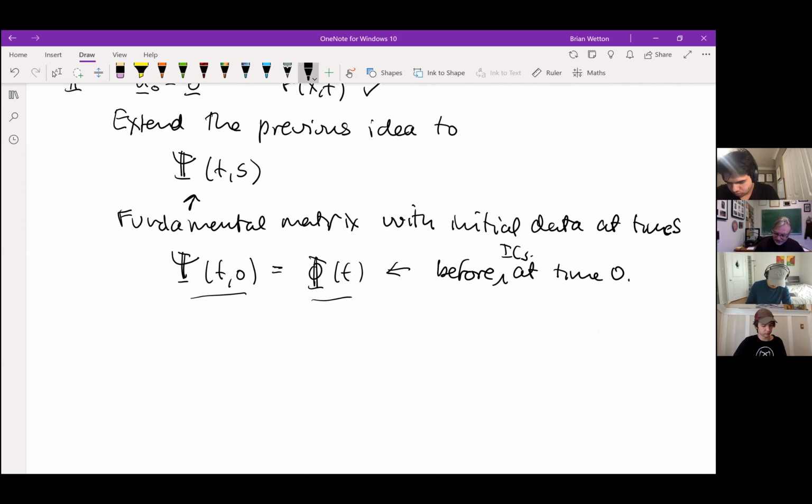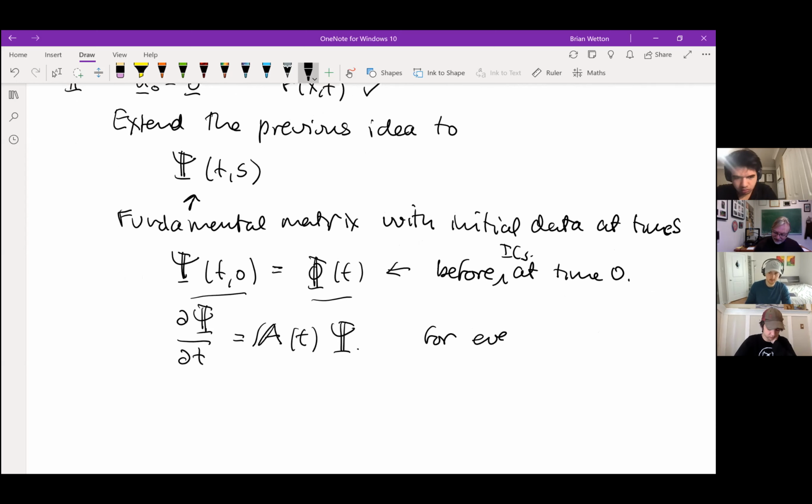The other thing I'm going to know is that if I take the time derivative of it, same reasoning as before, it's going to be A times the matrix. And this is going to be true for every s. No matter where I start, I'm solving the differential equation.